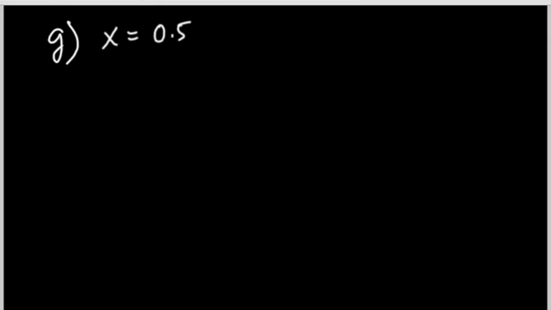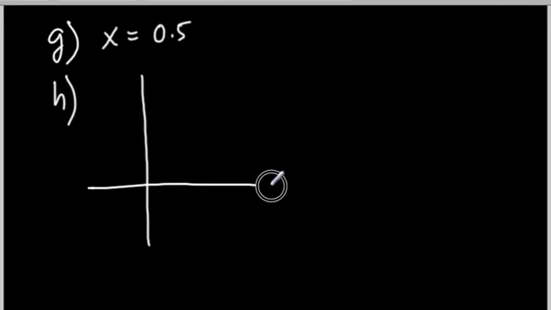Let's move on to H. So here's H where we have to sketch it. We know it's going to be something like this. We know that one of our x-intercepts is at negative 1. The other one is at 2.